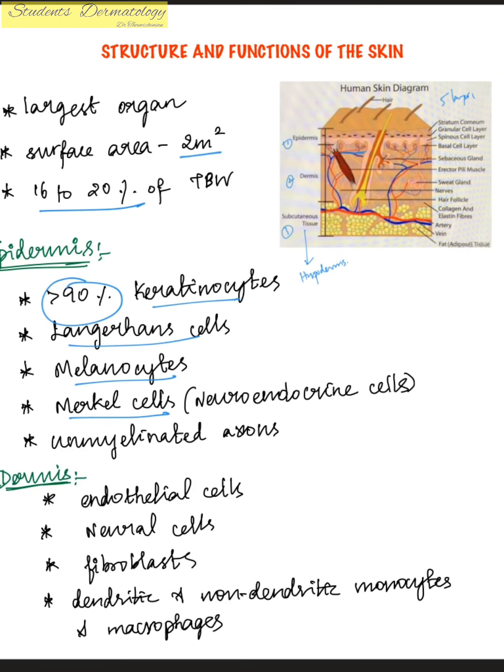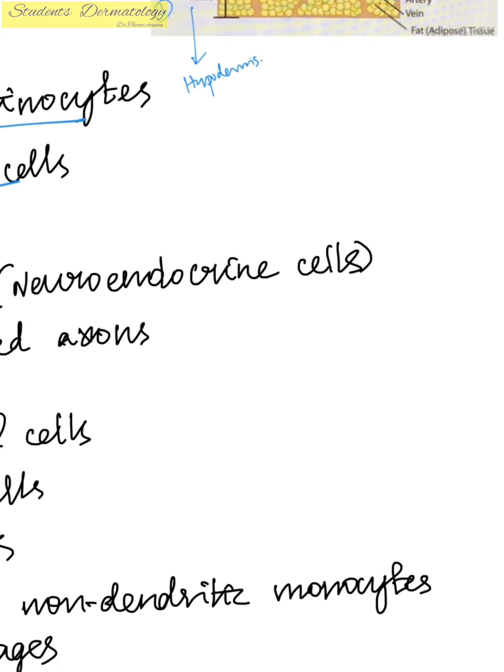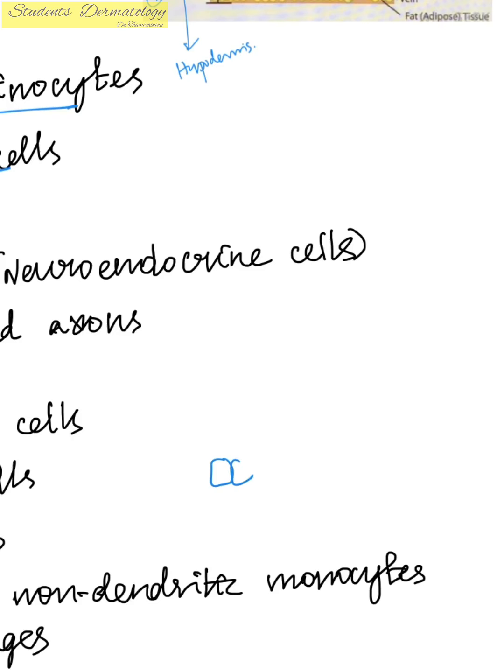And the dermis contains endothelial cells, neural cells, fibroblasts, dendritic cells, mast cells, etc. The stratum basal is a layer of cuboidal cells, and above that you have the stratum spinosum, which is a layer of polyhedral cells. The stratum spinosum has many spine-like desmosomal connections visible in histopathological examination, and hence the name spinous layer. It is otherwise called the prickle cell layer.